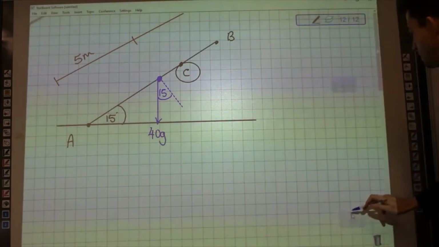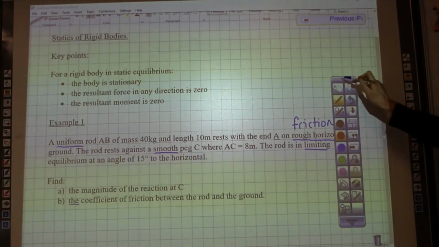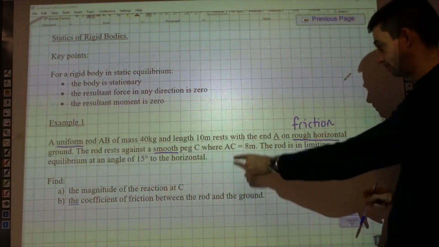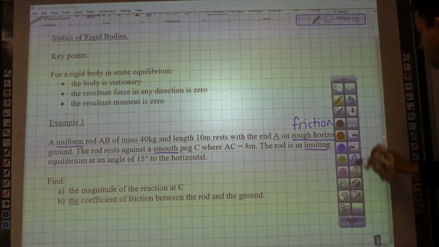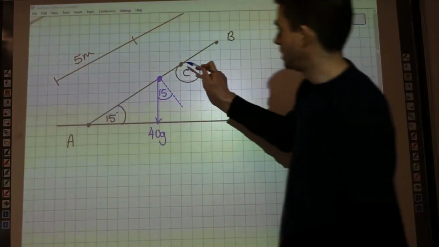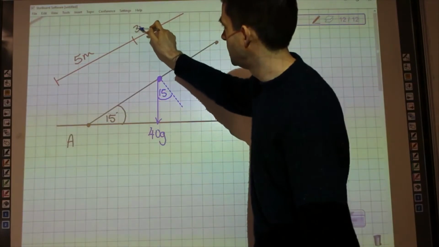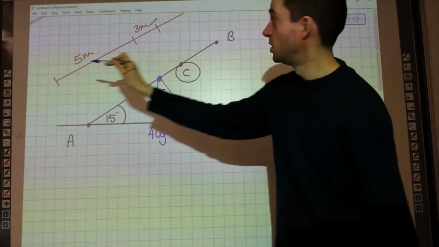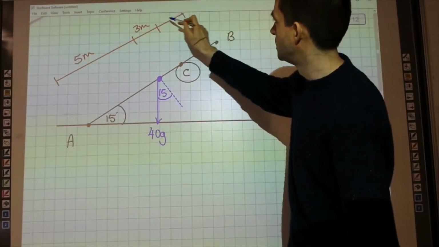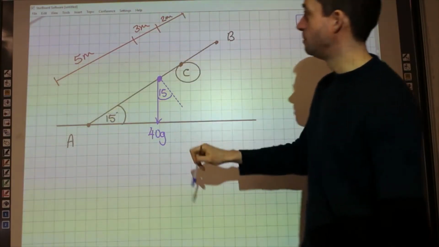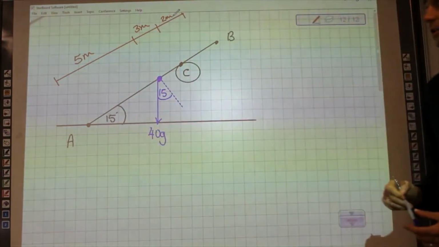I was also told in the question that AC is 8 metres. Okay, so if AC is 8 metres, then that means that the distance between this point here and this point here must be 3 metres, making 8 metres total, and then the distance up to the end of the rod is 2 metres, making my total of 10.